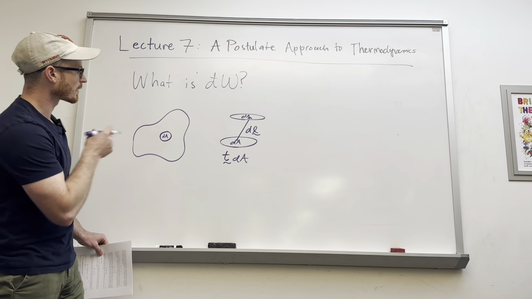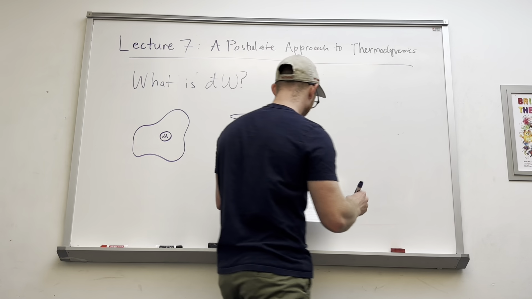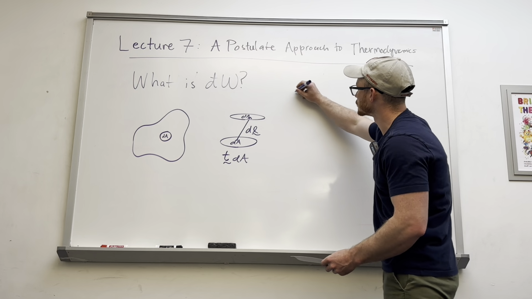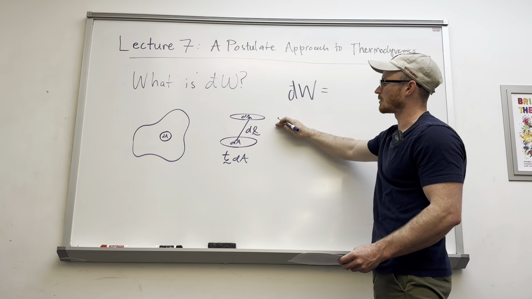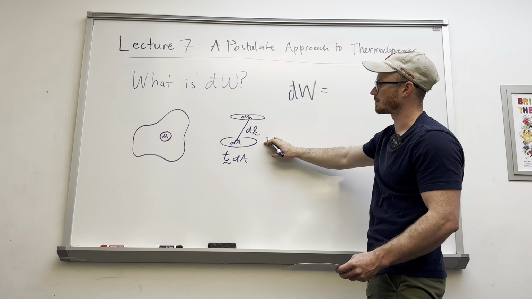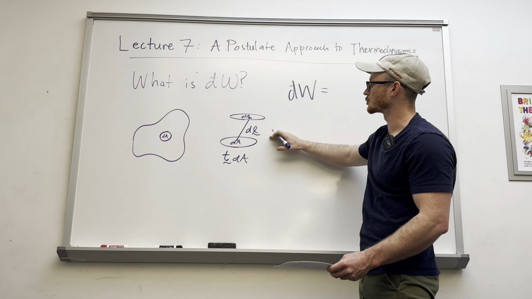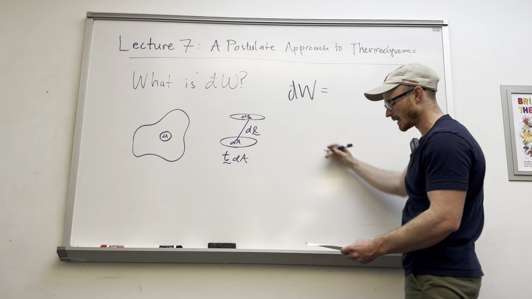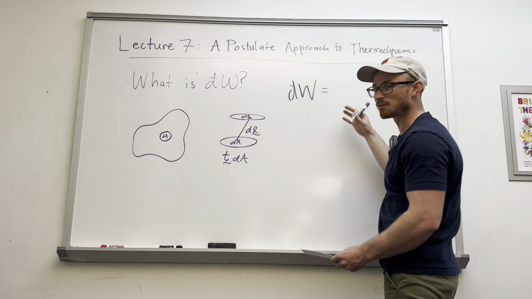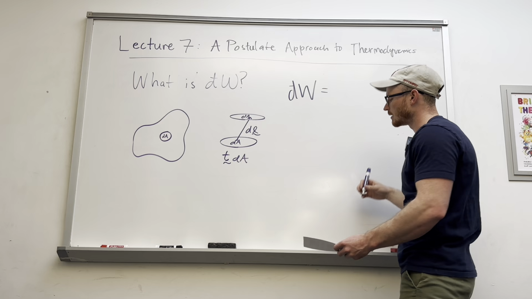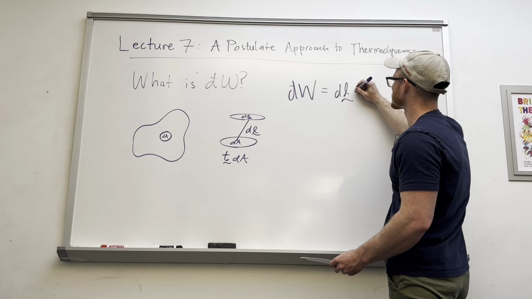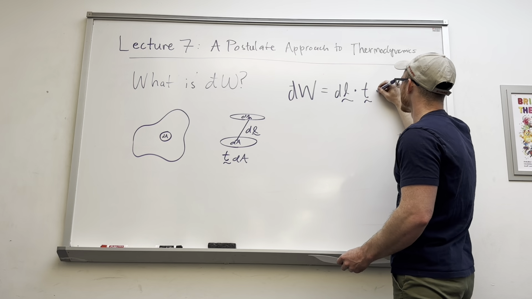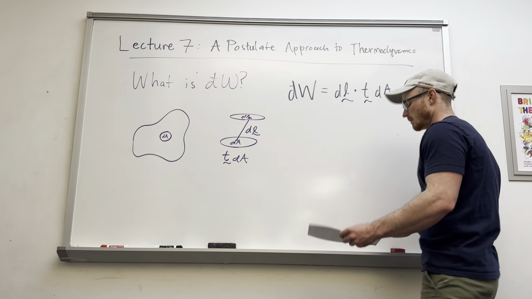So what's the work in this situation, or the change in work? Well, this is mechanical work, right? Because we're performing actual motion on a boundary, right? The mechanical work, if you recall, is just the force times the displacement, and we can rearrange that as well. So we're going to say this is the displacement dotted with the force, TdA, right?